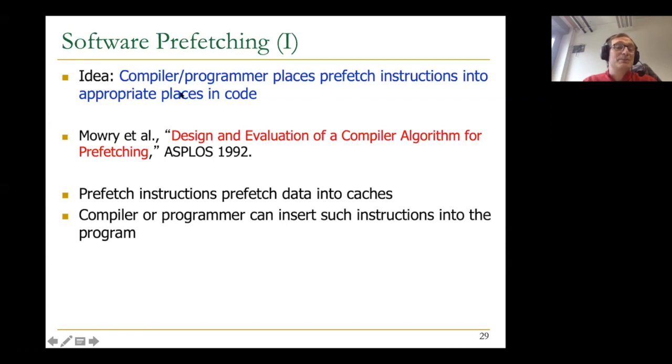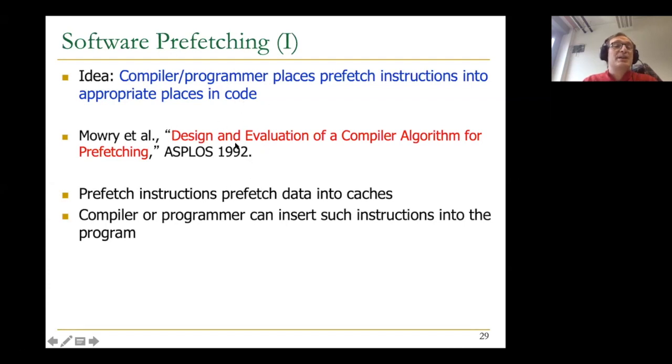Essentially, the idea is very simple, but of course, this can be done by the programmer also, clearly. Either the compiler or the programmer places prefetch instructions into appropriate places in the code, such that the code does the prefetching of data, and hopefully before the data is really needed, the prefetch instructions have brought the data into the cache or prefetch buffer, wherever you're doing it.